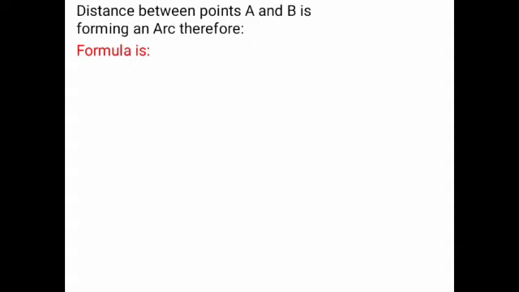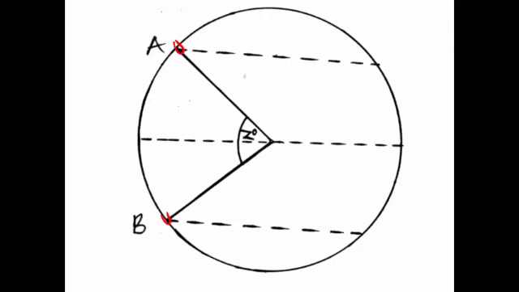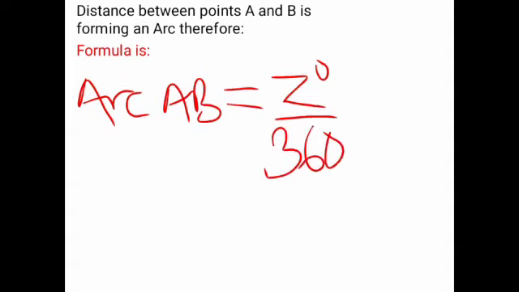So we are going to say the distance between points A and B is forming an arc, and therefore the formula is going to be arc AB is equal to, so you look at the angle the arc is subtending at the center of the circle, which is Z degrees. That should be over the whole revolution, which is 360 degrees.